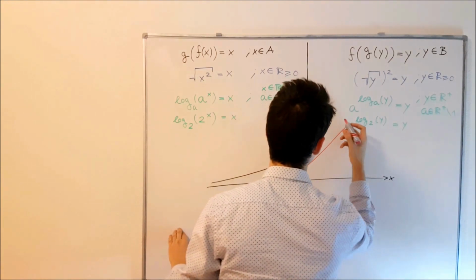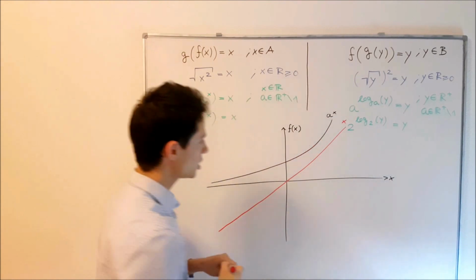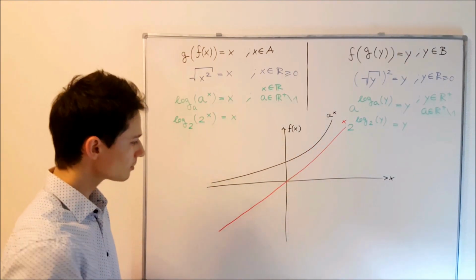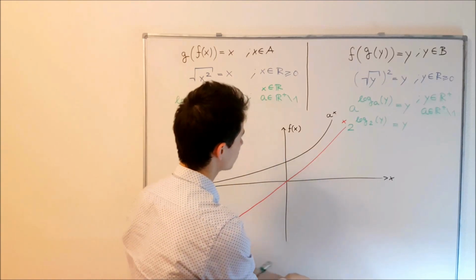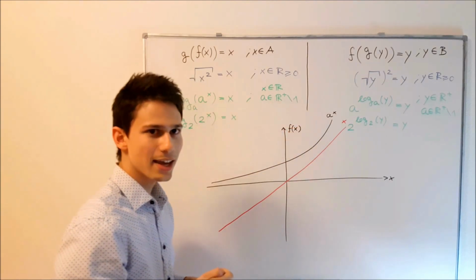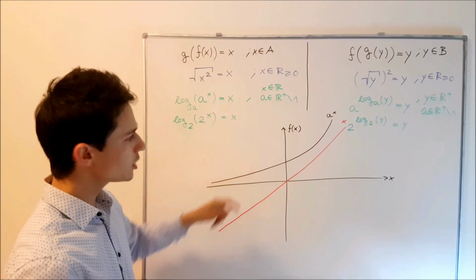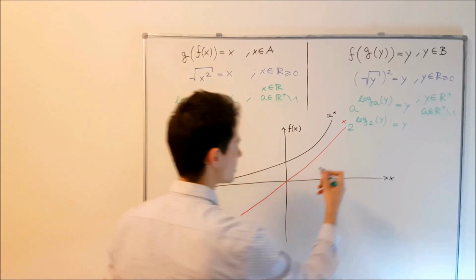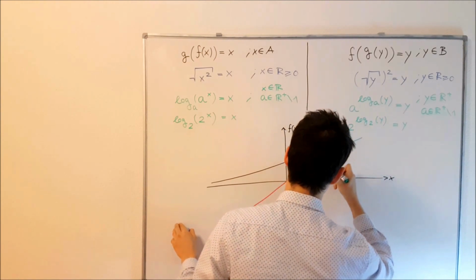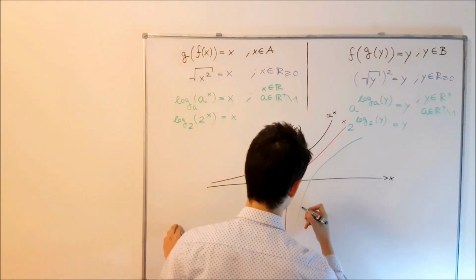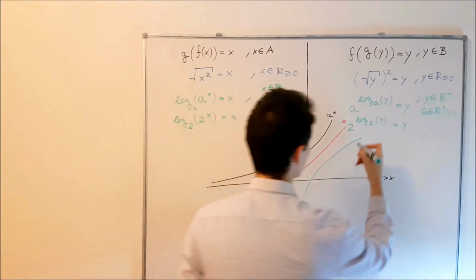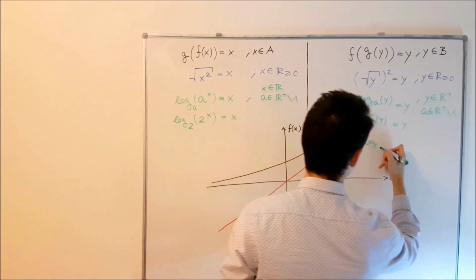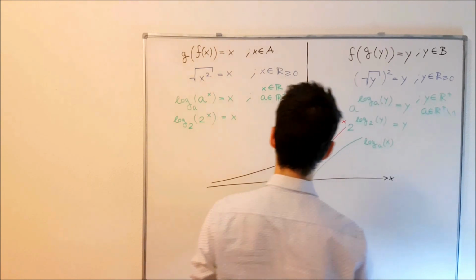So this would be the identity map x, which is just a line at 45 degrees angle from the x-axis. And you will get the inverse function, the log to the base a, if you mirror this original function at this particular line. And you will see that you will get this function right here. So this would be the log to this same base a of x.